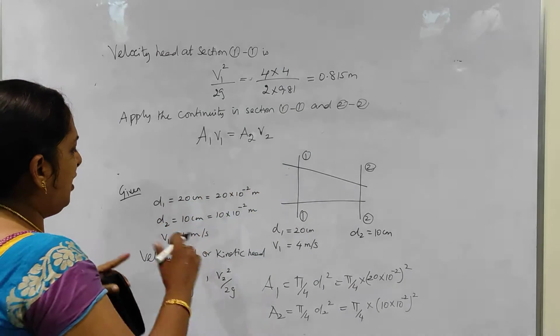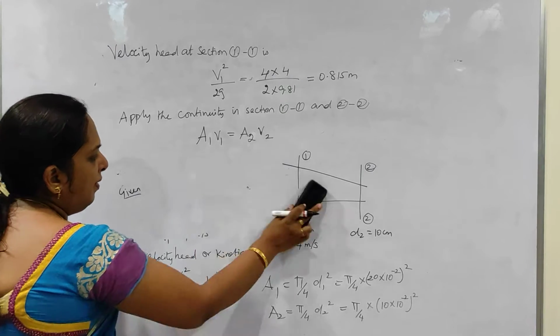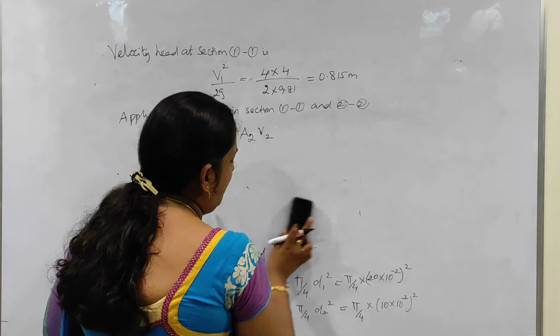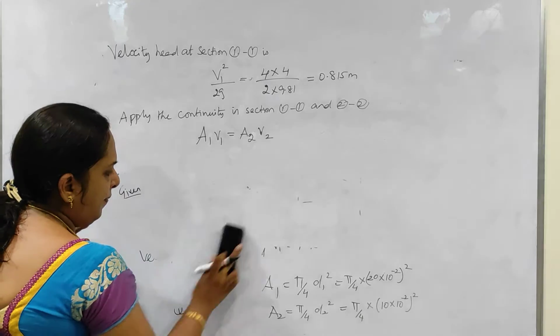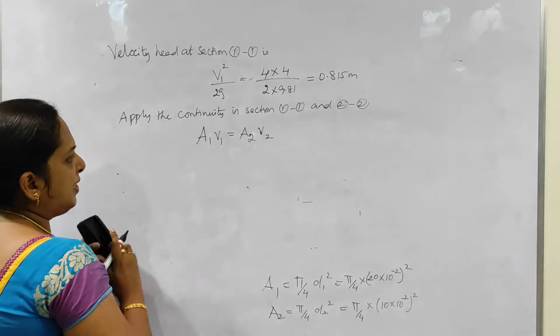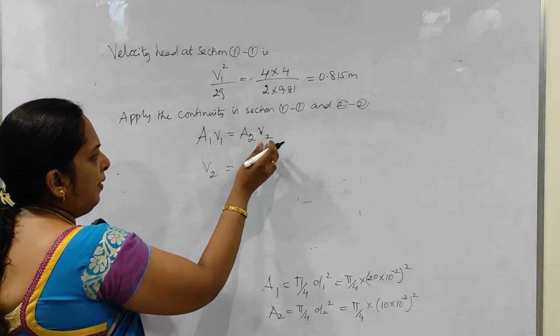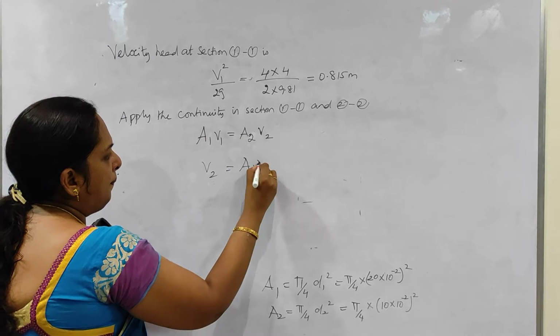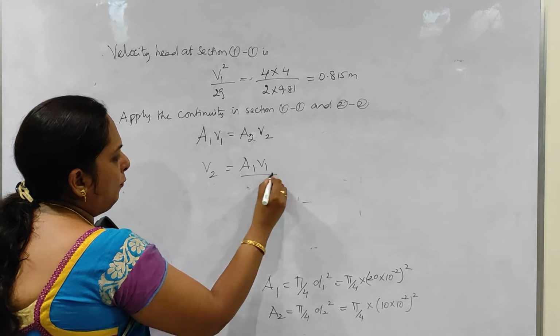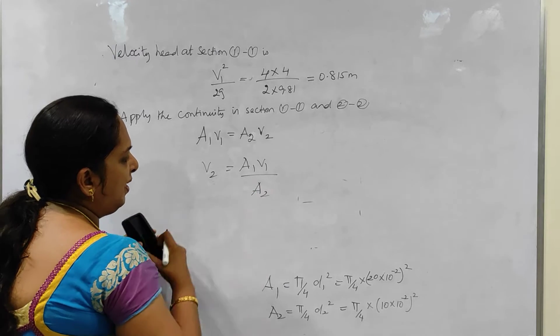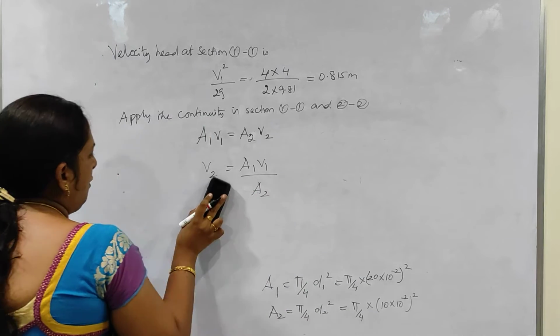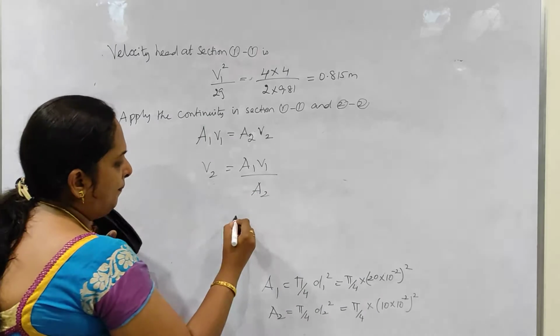So what is V2? From this equation, we are just rearranging it. So what is V2? A1 V1 divided by A2. Am I right? So that is my V2. Now I know A1.